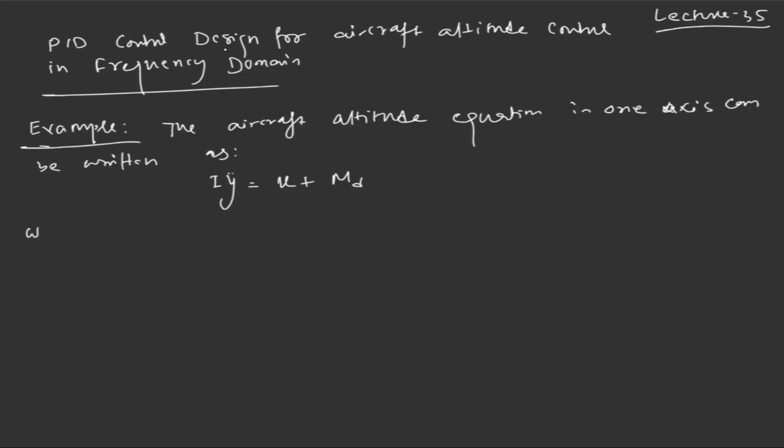So here I is assumed to be 1 kg meter square. U is the control input. MD is the disturbance.